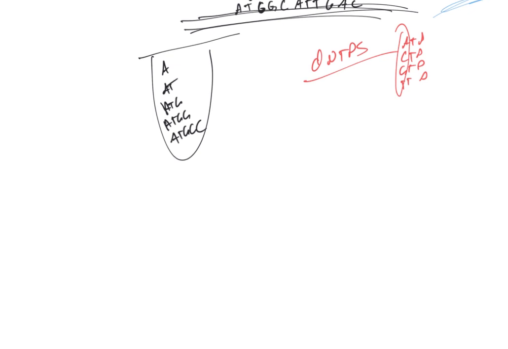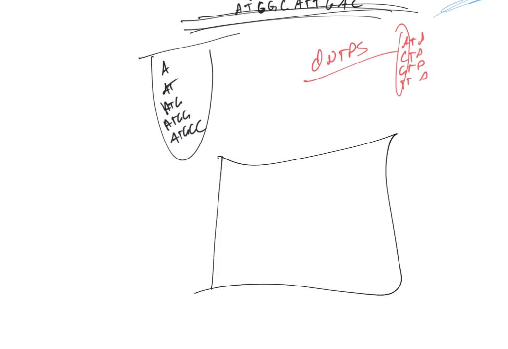So when I put this into a gel, what's going to happen? Which piece is going to run the fastest? This A is going to be down here, and then the next piece is going to be a little bit further up.